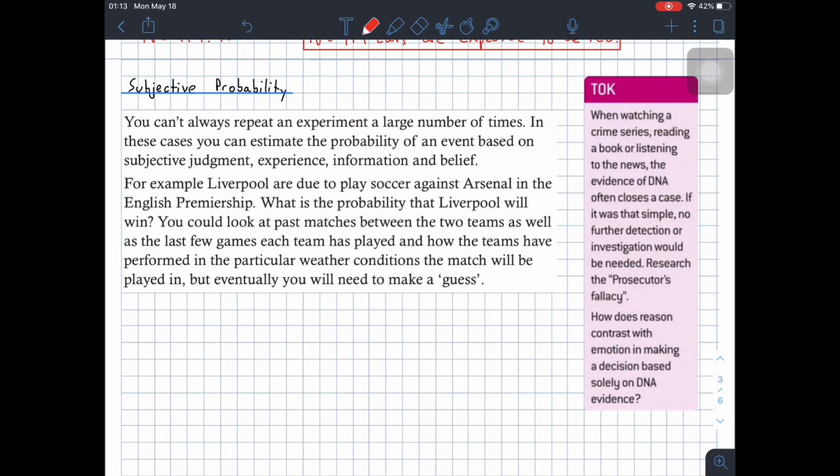It's when you just cannot write any formula or a specific number that would tell you the exact probability of Liverpool winning against Arsenal, right? Because we just cannot obtain information about that. We can just make a guess relying on past information that we have about matches between these two teams, right?